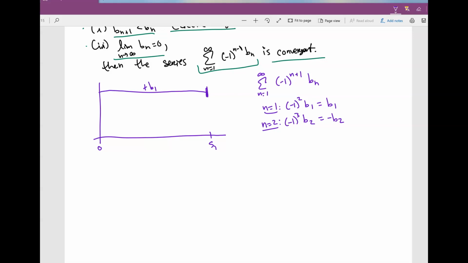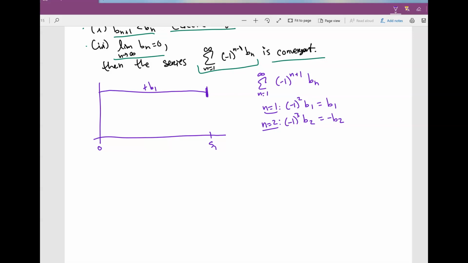It has to be 4 or 3 or 2 or 1 or whatever. So b2 is going to be smaller, and to find this new sum, you're going to add b1 plus b2, so you're going to get something that's smaller. Notice that I'm subtracting b2, something small, from something that's a little bigger.